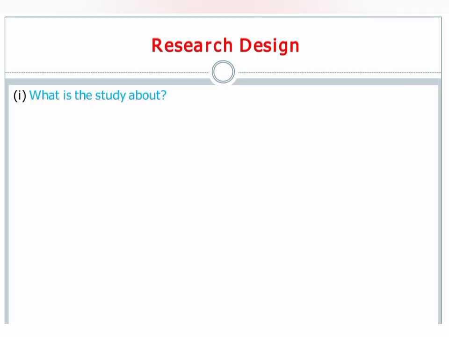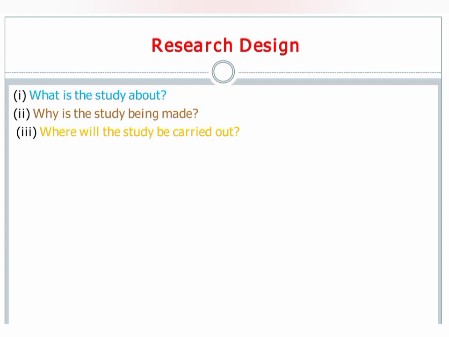It is going to pose some questions. While designing the research design, the research plan, we are going to have some questions. What is the study about? What we are studying here about the research problem. Why is the study being made? Why means the purpose of the study. And where will the study be carried out?